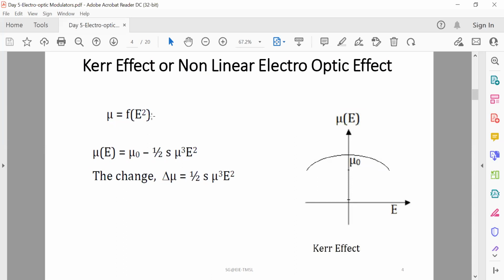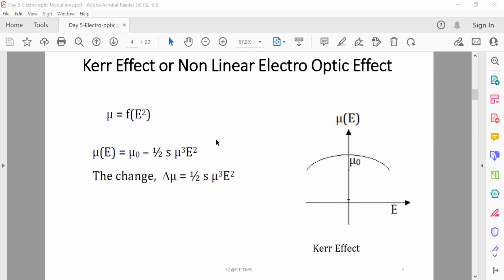And this is the Kerr effect. The Kerr effect is basically a nonlinear electro-optic effect, where the change in the refractive index is proportional to the square of the applied electric field, and that can be written as this one.